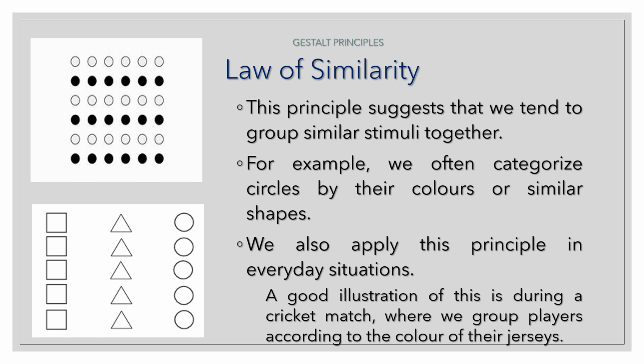A good illustration is a cricket match where we group players according to the color of their jersey. In the armed forces also, a certain force has a certain kind of dress or pattern of texture and printing on their dress, so they can be figured out by the pattern of similarity.